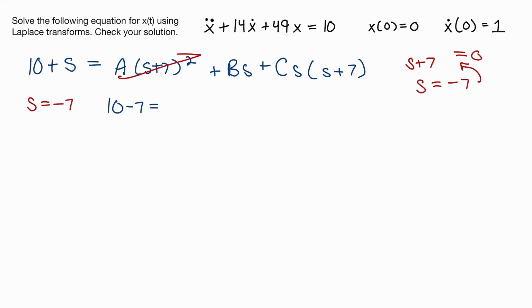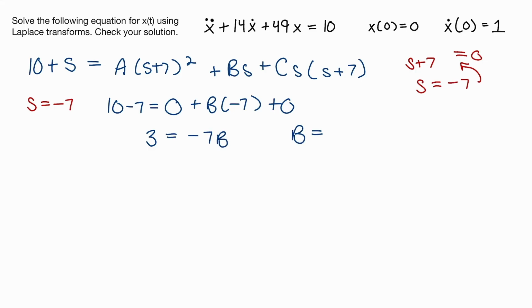So this whole A term will cancel out. I'll just write 0 as a placeholder, plus B times negative 7. And this also has that s plus 7 term, so this will also cancel out, so we can add a 0 to indicate that. Then we'll end up with 3 equals negative 7B. So we get B equals 3 over negative 7.